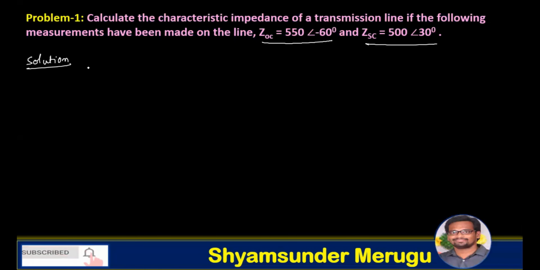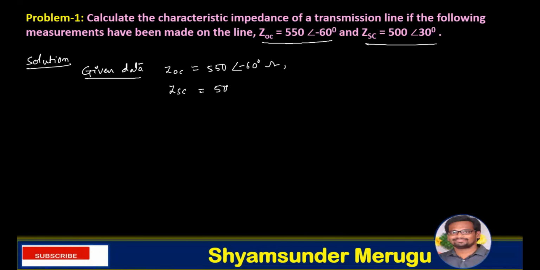So this way we can also write the solution. Let us write the given data. Here the given data is ZOC, that is 550 angle minus 60 degrees ohm, and ZSC is also given, that is 500 angle 30 degrees ohm. Now what is to be found?